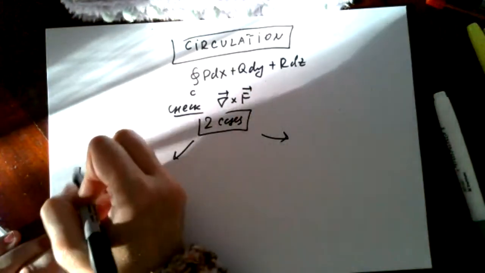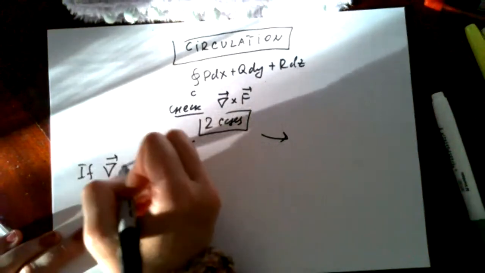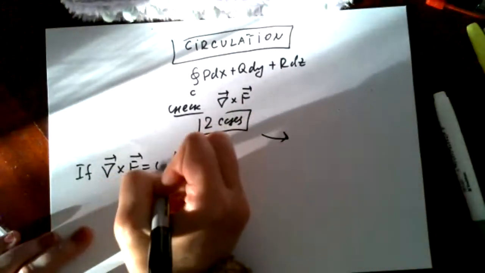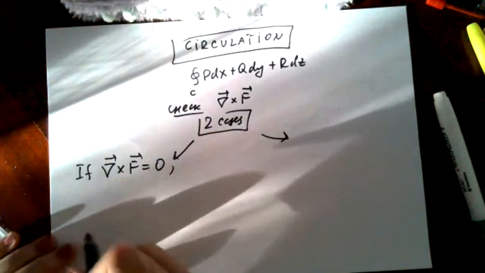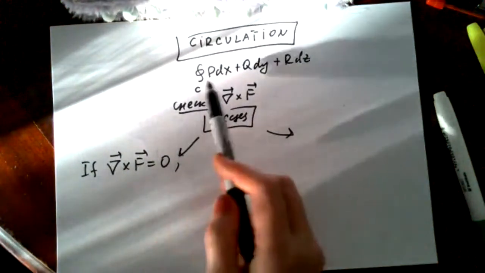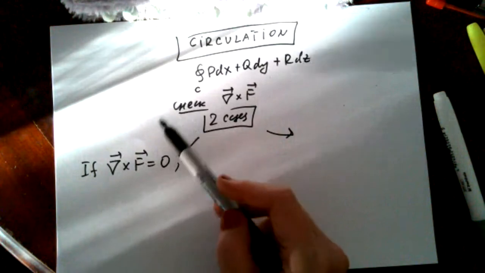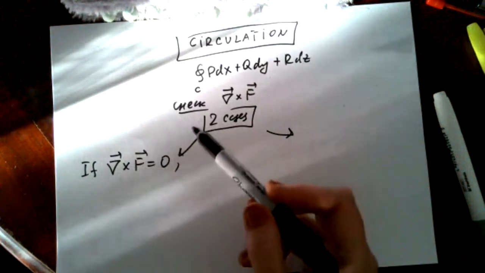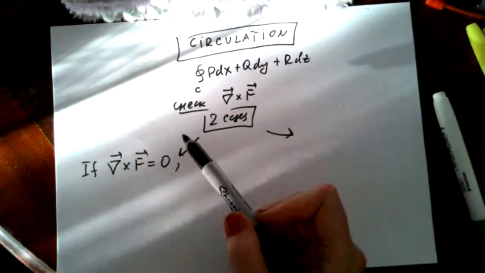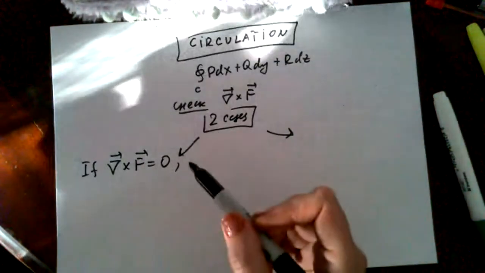The first case happens if your curl is equal to zero. It means that your result, your integral, doesn't depend on the shape of the curve, which links the start and the end point. It depends only on the final and start points.